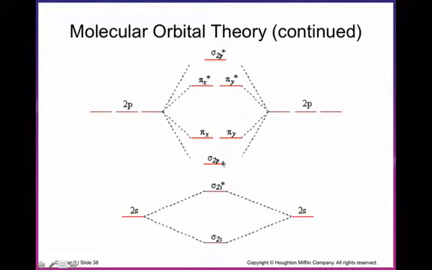These are all bonding. And then after that we have the pi star that are anti-bonding, and then at the top is the sigma star. So sigma 2p, and then the pi, and then the 2 anti-bonding pi's, and then the sigma star for the 2p up top.